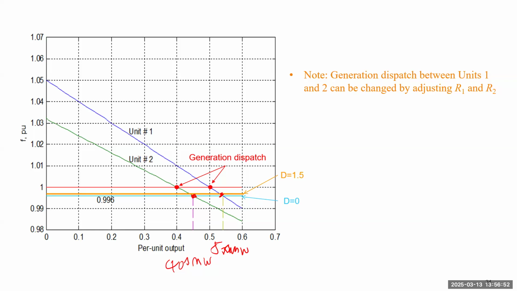But once your frequency changes, their output will also change depending on their R value. If they have different R values, they change by different amounts based on the droop control. So their new output may not be the same as the optimal dispatch result.